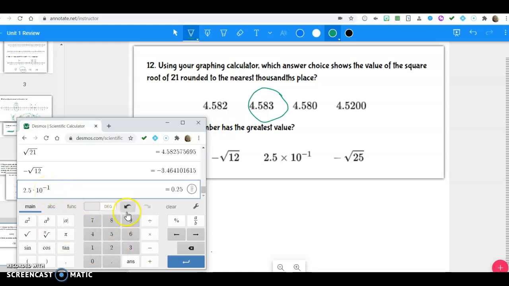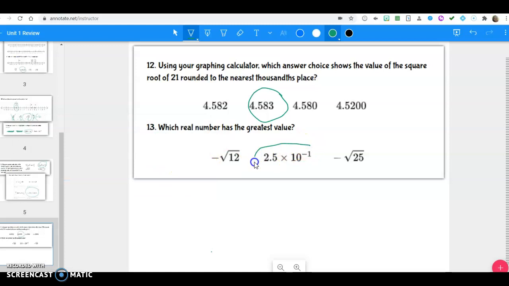Sorry, negative sign. Okay. And then last one, negative square root of 25 is going to give me negative 5. So if I'm evaluating these three numbers, I'm looking for which one is the largest. I've got a negative, positive, and a negative. And if I'm comparing that, I know that my positive is going to be the largest number here. So here's your answer.